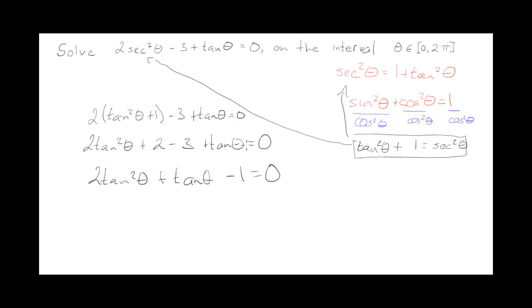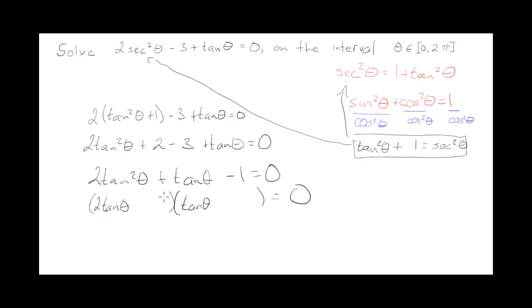So now I'm going to think of this as a quadratic equation which I have to factor. I won't make the substitution in this one. If you want to make the substitution, you can, but I won't. So I know that I'm going to have a 2 and a 1 as my leading coefficients because there's a 2 there. So 2 tan theta and 1 tan theta.